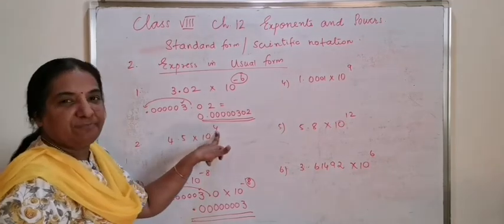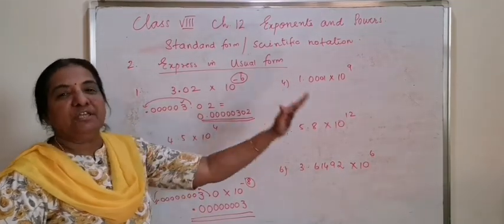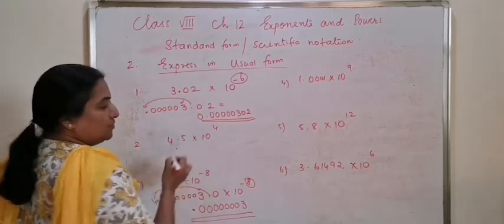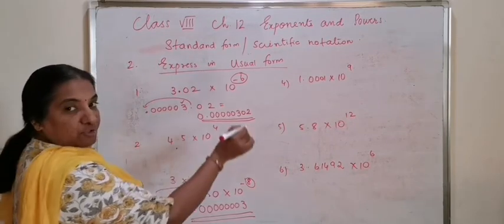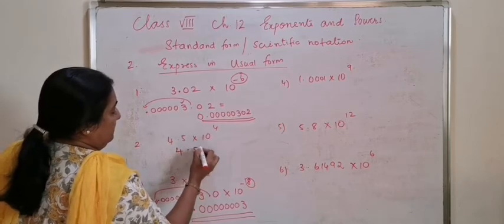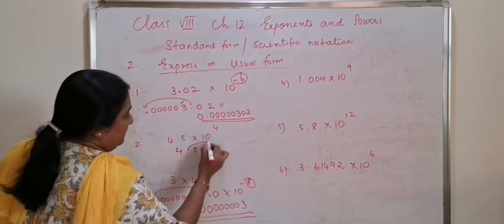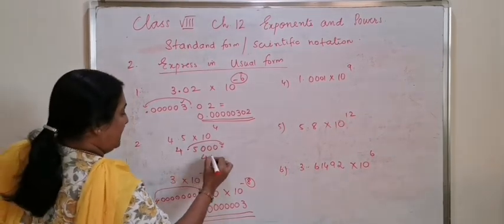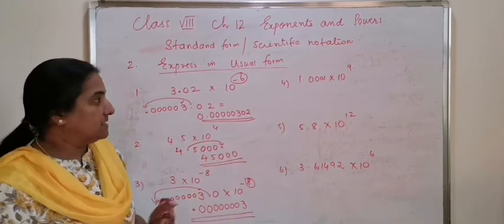When it is a positive power, it's a bigger number, and the decimal place will get shifted to the right. So 4.5 into 10 to the power of 4 means it will get shifted a total of 4 places. 1, 2, 3, 4. That means it is 45,000.